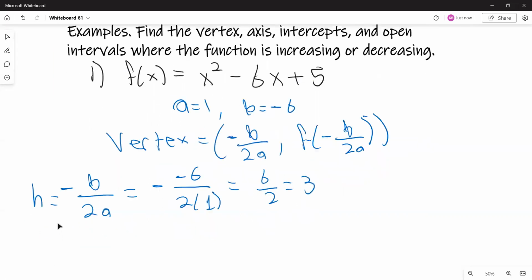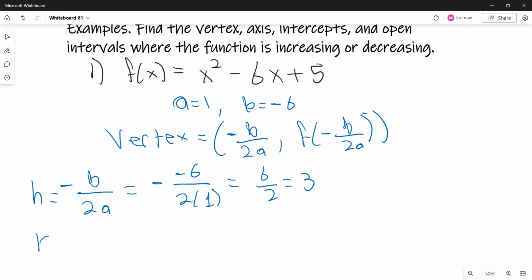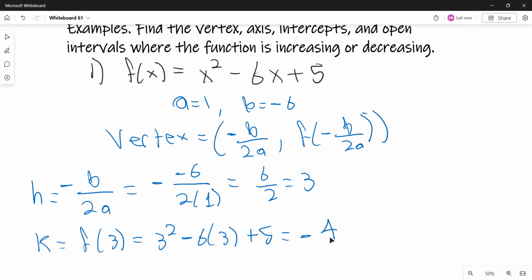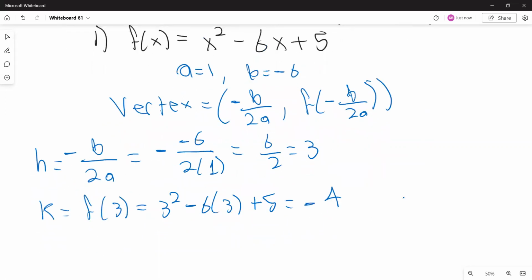And k is f of 3. This is 3 squared minus 6 times 3 plus 5. That is 9 minus 18 plus 5. This is -4. Okay, so I do have the vertex. The vertex is (3, -4), and the axis is x equals 3.